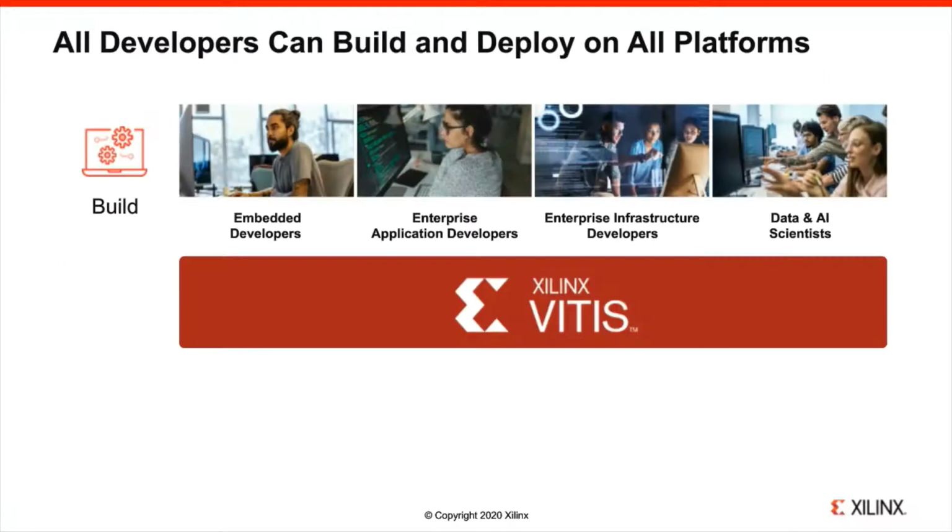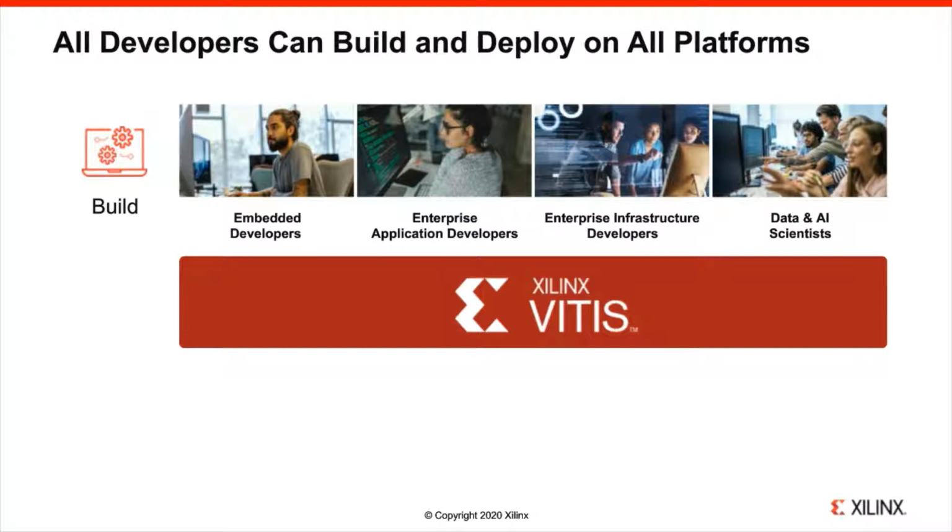So what is the Vitis Unified Software Platform? Vitis enables a broad range of developers, including software engineers, algorithm developers, and data scientists, to accelerate their applications and adapt to rapidly evolving algorithms and AI models on Xilinx platforms, at the edge, on-premise, or even in the cloud.